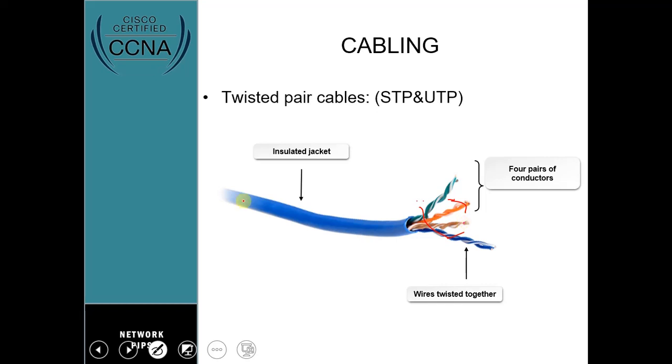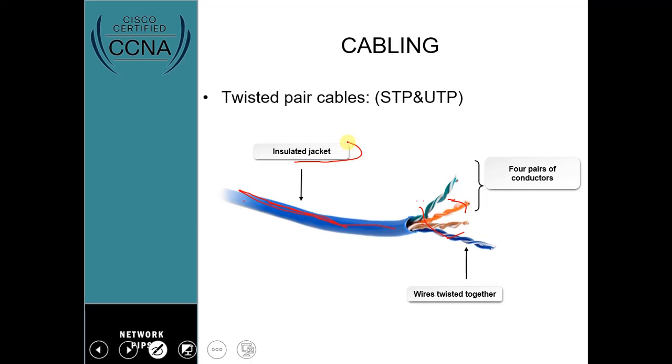The outer plastic cover, or the outer jacket, is what they call the insulated jacket. Then we also have the twisted pair cables. One of the reasons they twist these cables is to avoid crosstalk, the signal of one pair interfering with another.